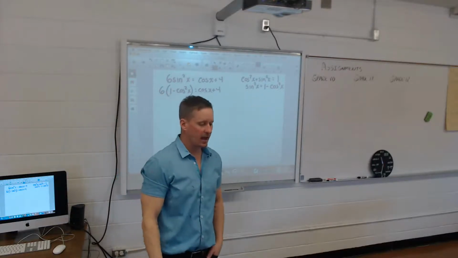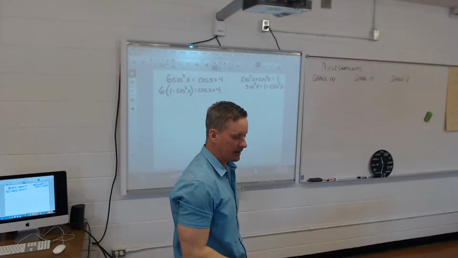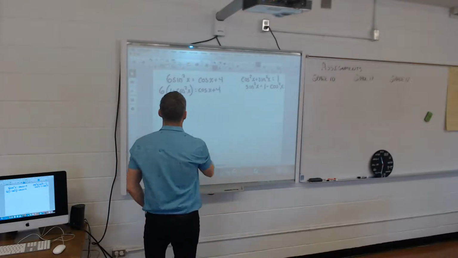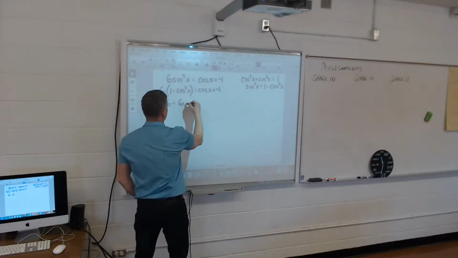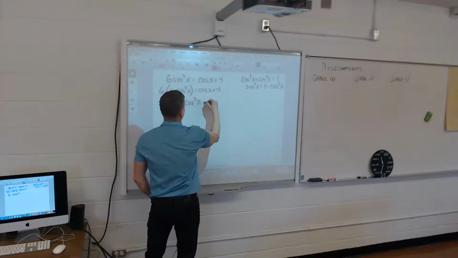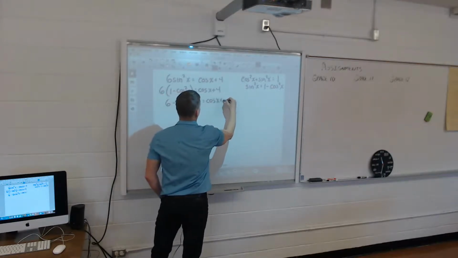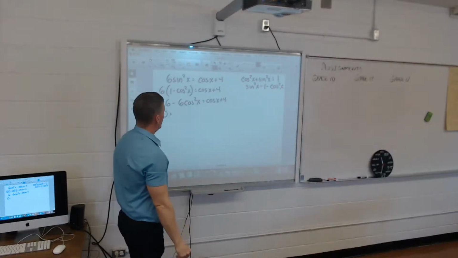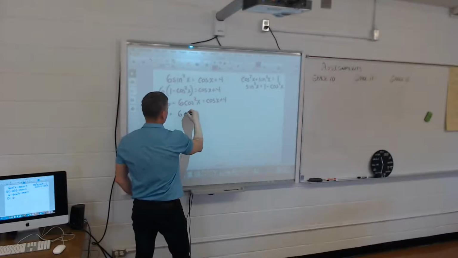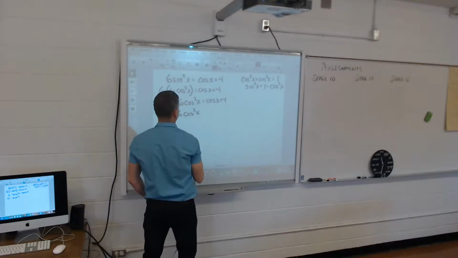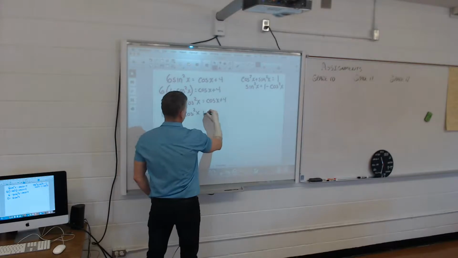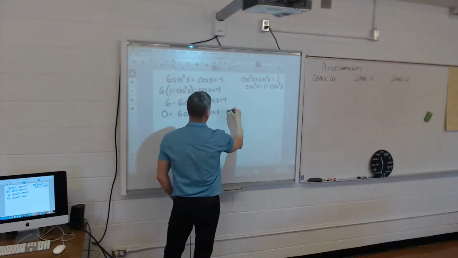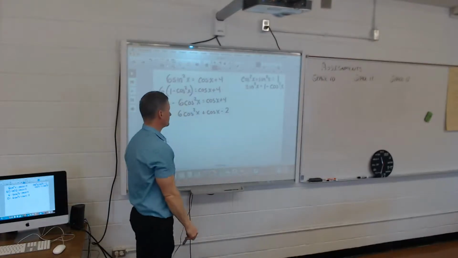So instead of having sine squared x, I'm going to write 1 minus cos squared x in there. Now I am dealing with just coses. So I go 6 minus 6 cos squared x equals cos x plus 4. I'm going to add 6 cos squared x over to this side. And I'm going to subtract 6, so that gives me a minus 2.